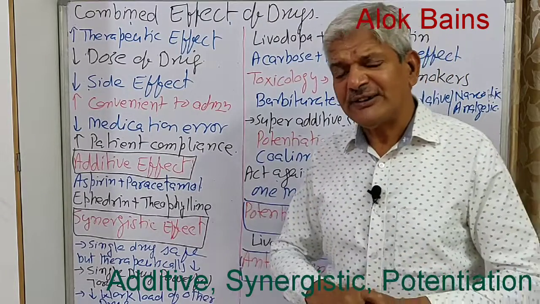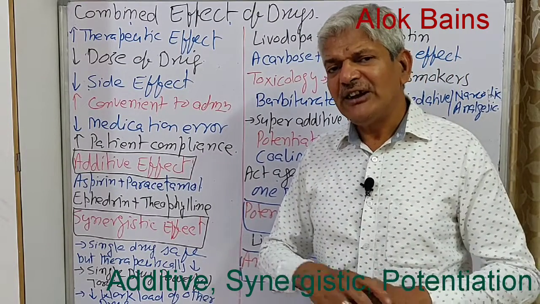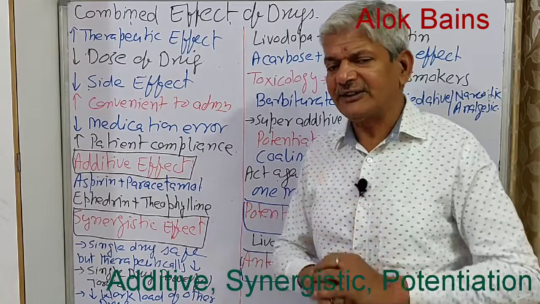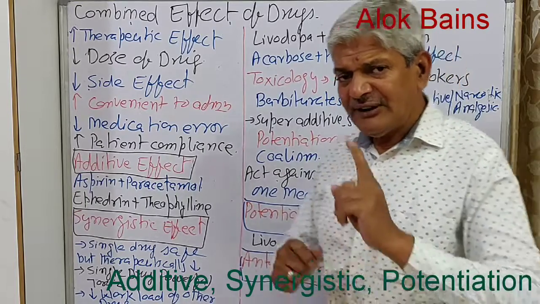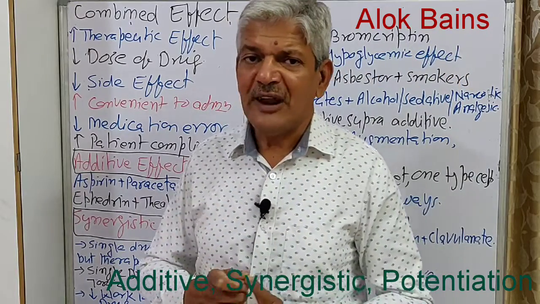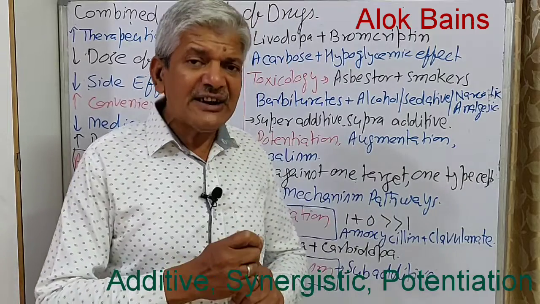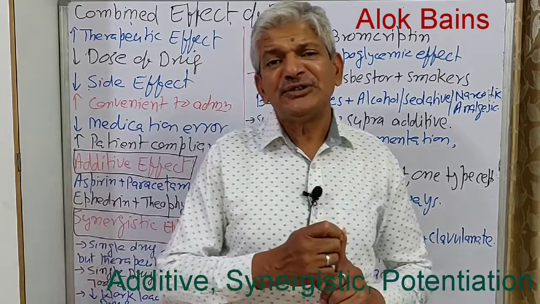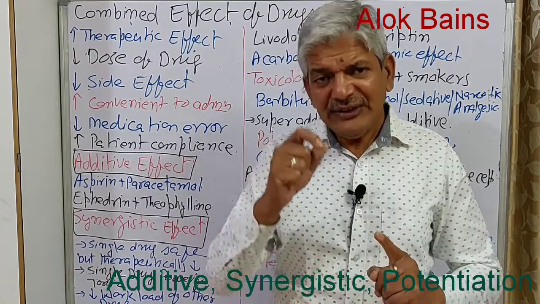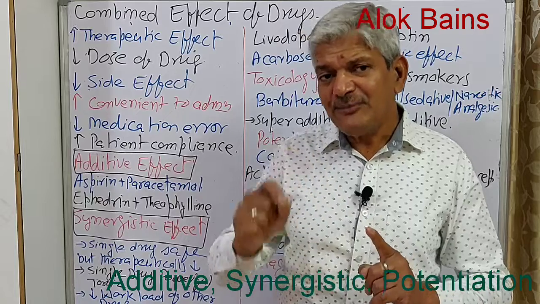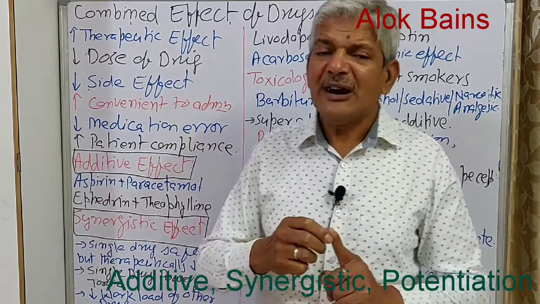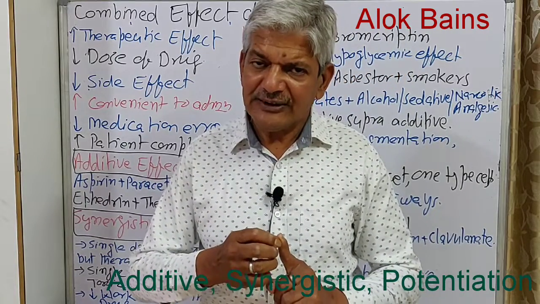This synergistic effect is usually used in three classes of drugs. Number one, suppose the drug is safe, but that drug is unable to produce the therapeutic effect. In that condition, the drug may be used with another drug to produce the synergistic effect.